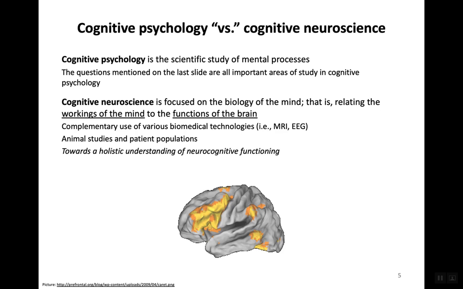And the distinction here briefly is that between the scientific study of mental processes, largely reflected in behavior and behavioral results, and then cognitive neuroscience, which is focused on the biology of the mind. Simply put, that is trying to relate the workings of the mind to specific functions of the brain.